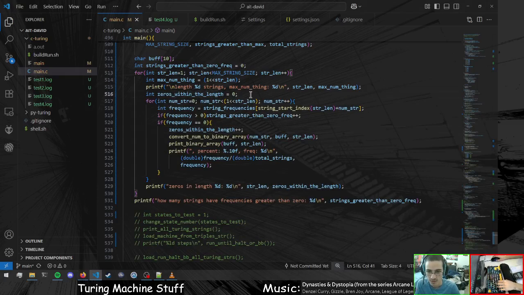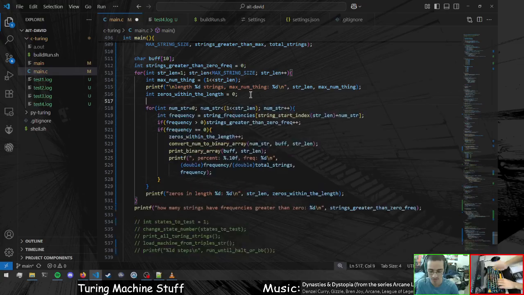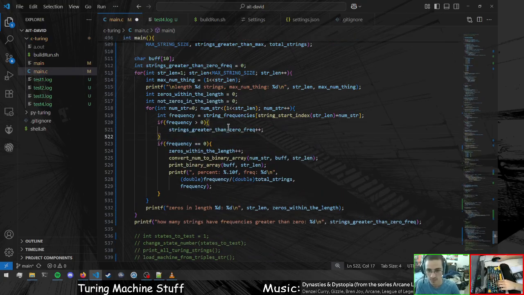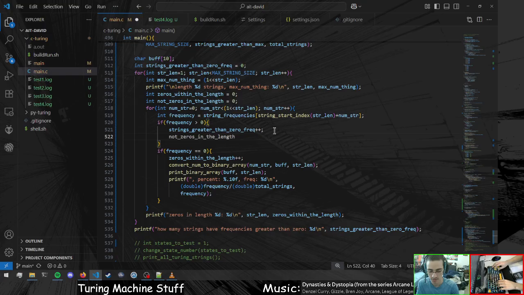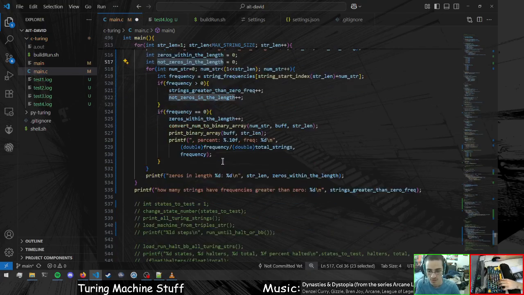So it's not the zeros within the length. Let's do not zeros in the length. How about that? Okay. Wait, I think I already added that. Well, this is in total. This we still increment.